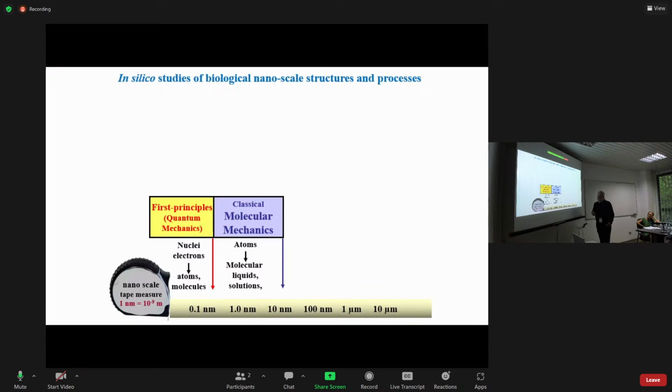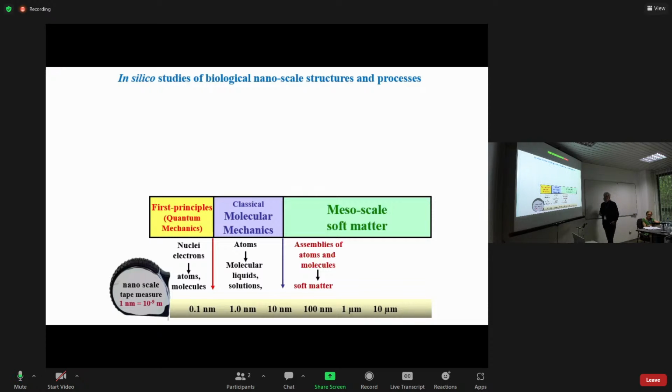So you wonder where these limits come from. They are actually only practical limits given by the computers and the computing power we have at the moment. So it means that the limits are moving slowly to the right when computers are becoming faster and faster. After that, we have soft matter and mesoscale, and we can forget about the individual atoms and molecules, and we treat aggregates of them.